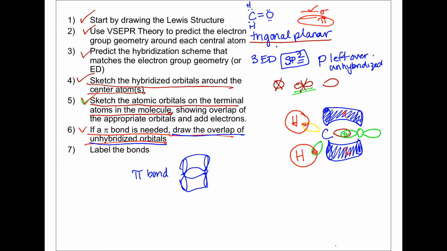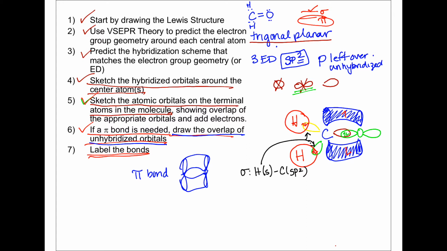Okay, we have one thing left to do, and that is labeling the bonds. I'm going to maybe label them in black, just so that they are different than the other colors. These over here, they are sigma bonds, which are single bonds made from hydrogen's s orbitals overlapping with carbon's sp2 orbitals.